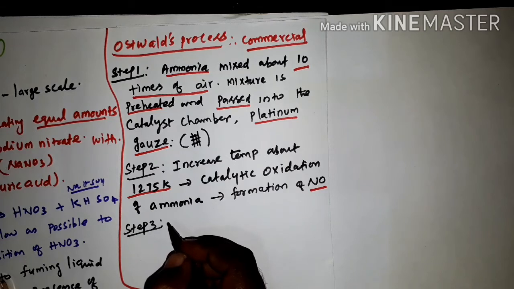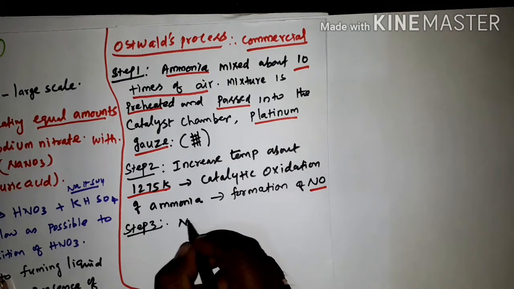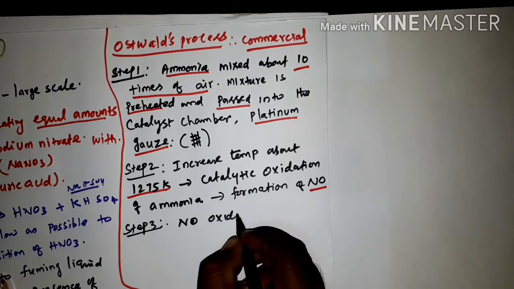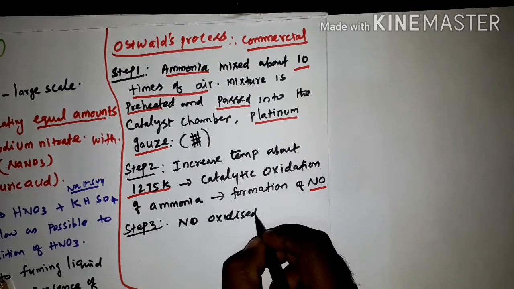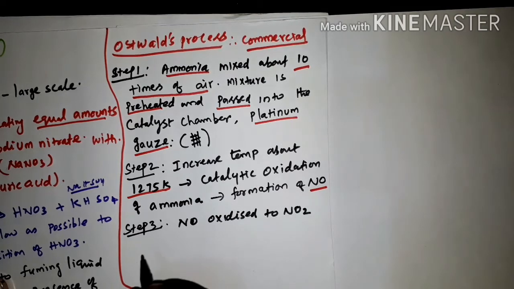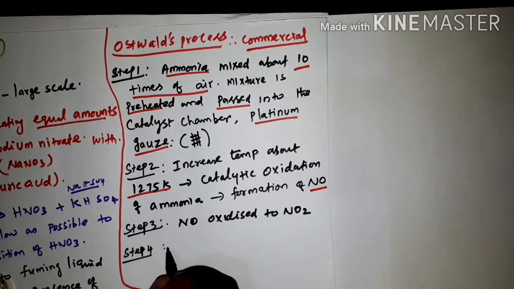In step 3, what happened? This nitrogen monoxide, this NO, is oxidized to NO2, nitrogen dioxide. Okay, in step 4, what will happen?